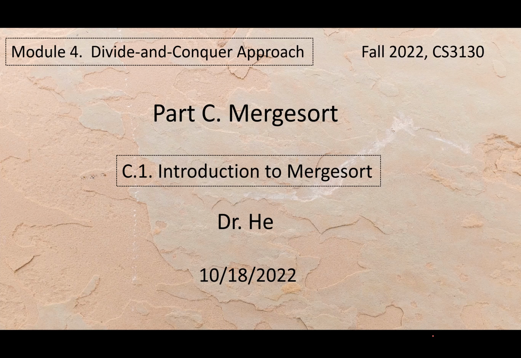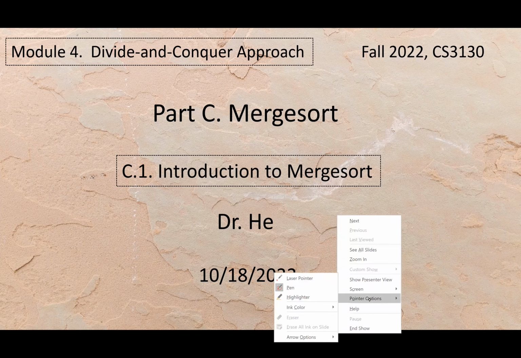Are we going to wrap up the small portion of part B? Oh, good question, you're right. I need to talk about that. We have a small portion of part B left, the selection problem. Let me change the color. You remind me.